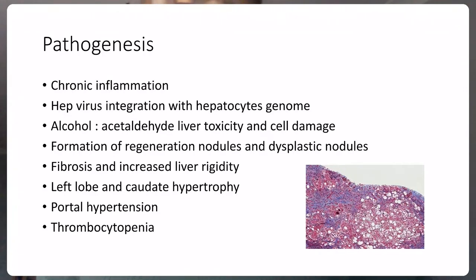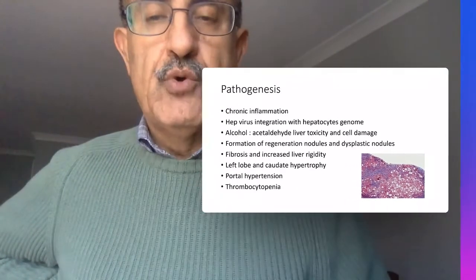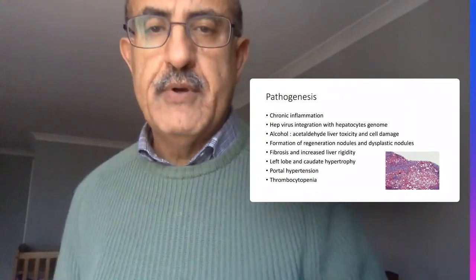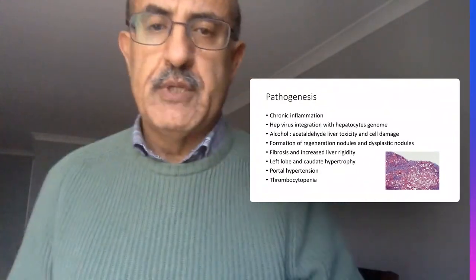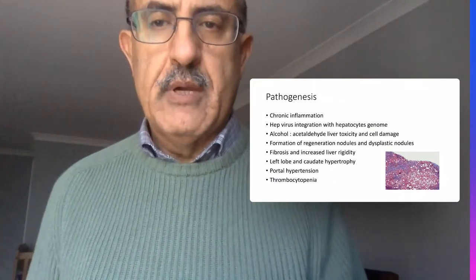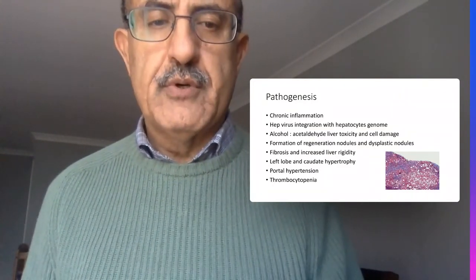Portal hypertension is associated with thrombocytopenia. It can lead to distended veins in the abdomen, and it can also lead to esophageal varices that could bleed. And varices is one of the major issues that we deal with when we have a patient with liver cirrhosis.